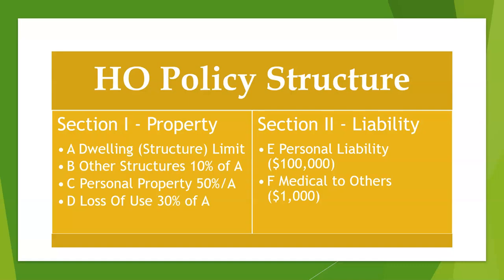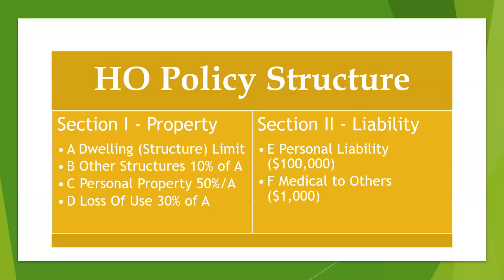If your garage is not attached to your home, it would not be covered under coverage A, the dwelling structure. Coverage B is your other structures. This is coverage for structures that are not attached to your home, such as the unattached garage, and coverage B would pay 10% of coverage A.